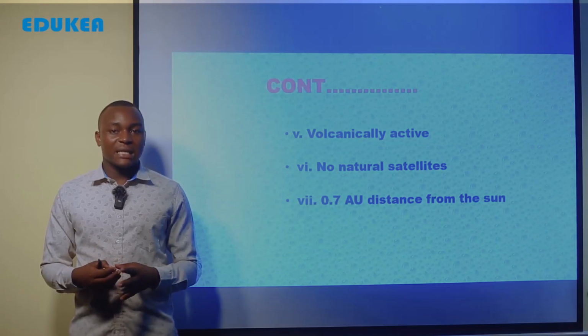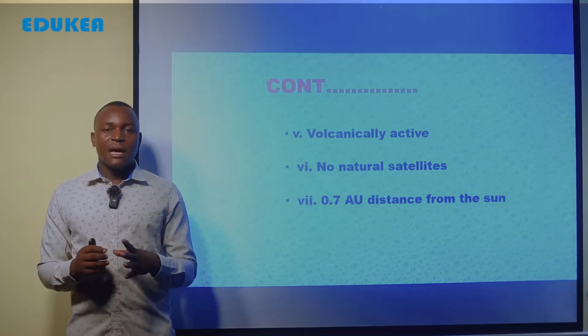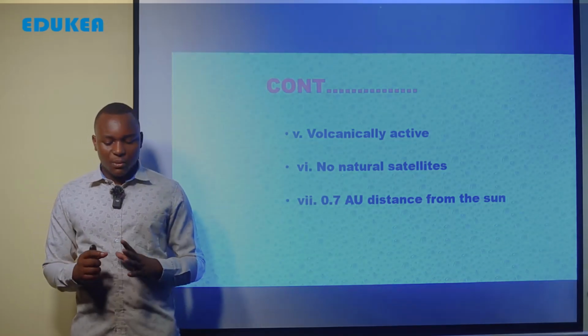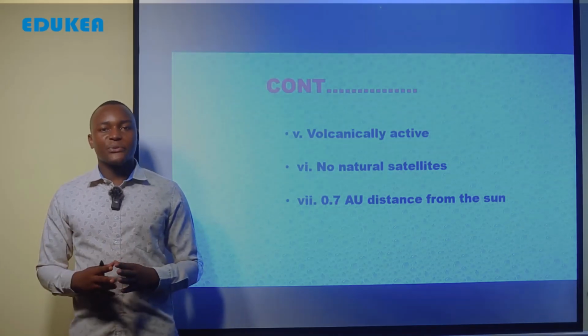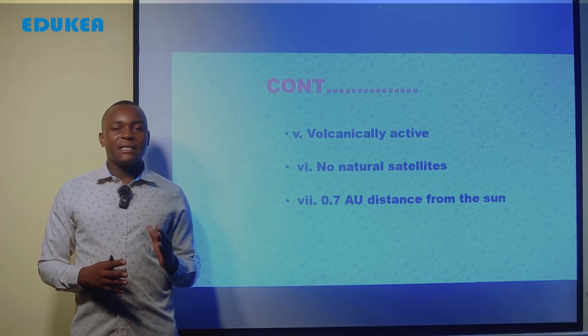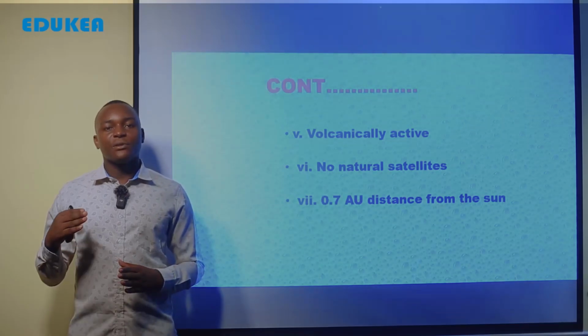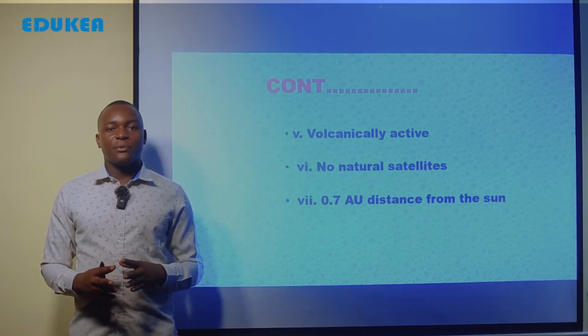The distance from the sun to where Venus is found is 0.7 astronomical unit. Kwamba umbali kutoka Venus kwenda kwenye jua ni 0.7 astronomical unit.